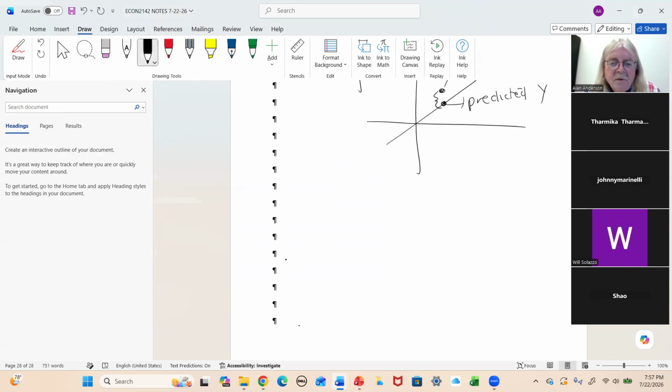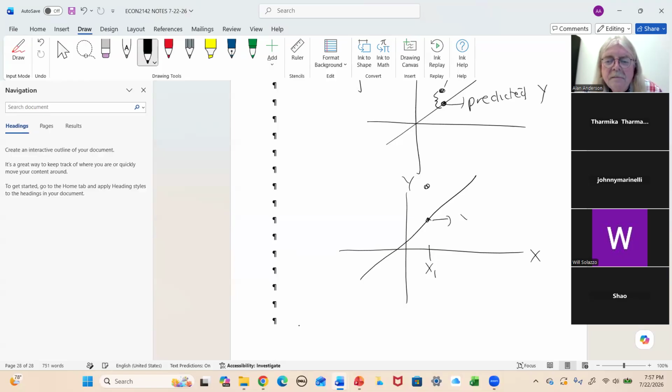So notation-wise, this is what we're looking at. Here we go. That's the value that we estimated with the regression line.